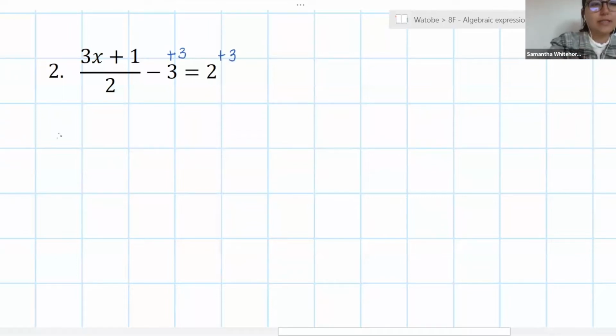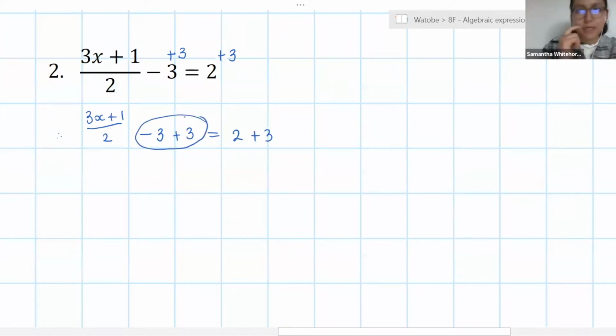So what that leaves me with is 3x plus 1 over 2 minus 3 plus 3 is equal to 2 plus 3. Now, you don't have to write the -3 plus 3 if you don't want to. It's absolutely fine, because you know that that's going to fall away in the end. And so what we have is 3x plus 1 over 2 is equal to 5.